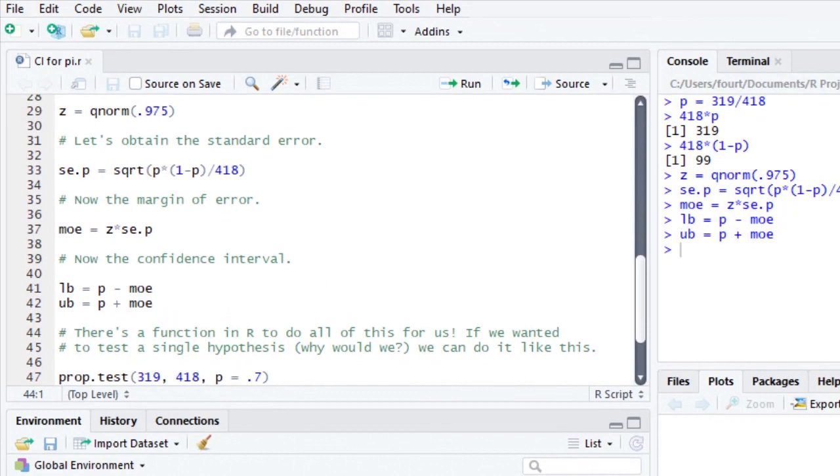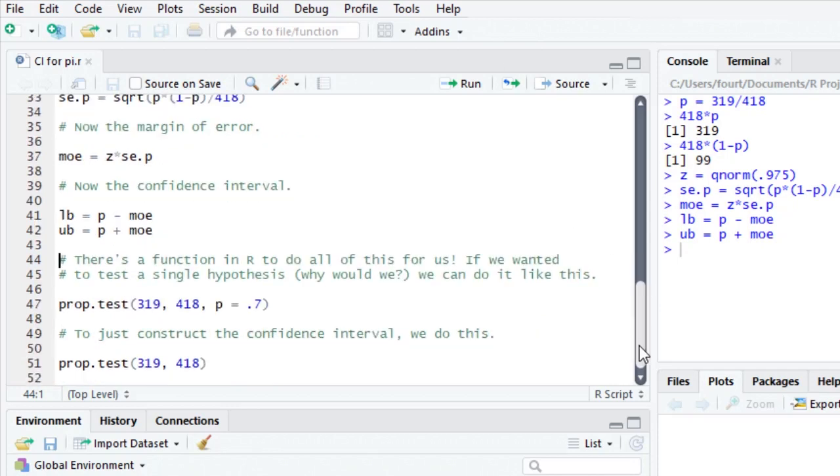Good news. Just as we had a function to create a confidence interval for the mean, there's a function in R to do all this calculation for us and create a confidence interval for the population proportion. That function is called prop.test. Now, prop.test can be used to test a single hypothesis. Why would we? But we could, if we want to, do it like this.